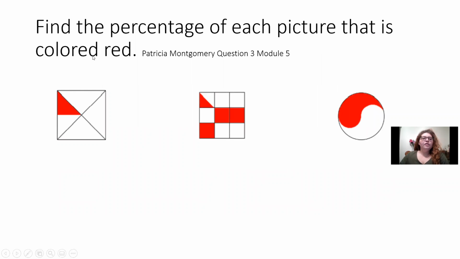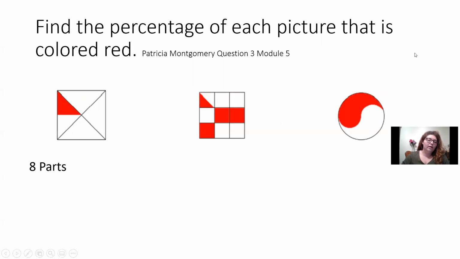The next thing we're going to do is find the percentage of each picture that is colored red. To do this, the first thing you need to do is find out how many parts are in your picture. For this square here, we can tell that we have these 4 big triangles, but we see that our shaded part is half of one of those. So we're going to cut all 4 of those in half, so we have 8 parts. Out of those 8 parts, we want to know how many of them are shaded.